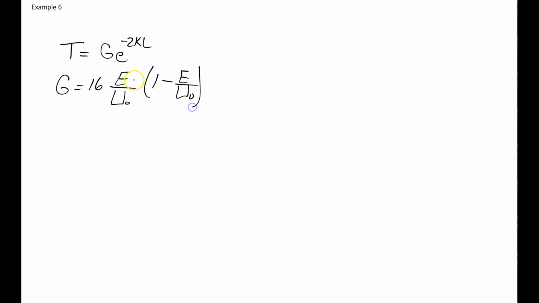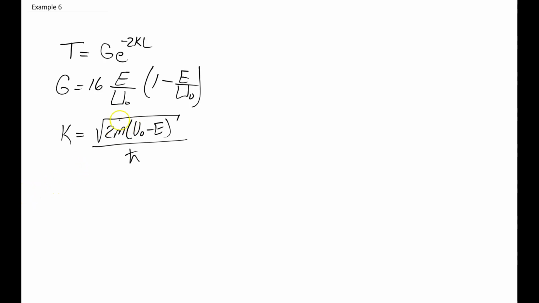The probability of tunneling is given by T equals G times e raised to the minus 2KL, where G equals 16 E over U naught times 1 minus E over U naught, where E is the energy of the particle, U naught is the potential of the barrier, and K, as we've seen before, is the square root of 2m(U naught minus E) all over h bar.